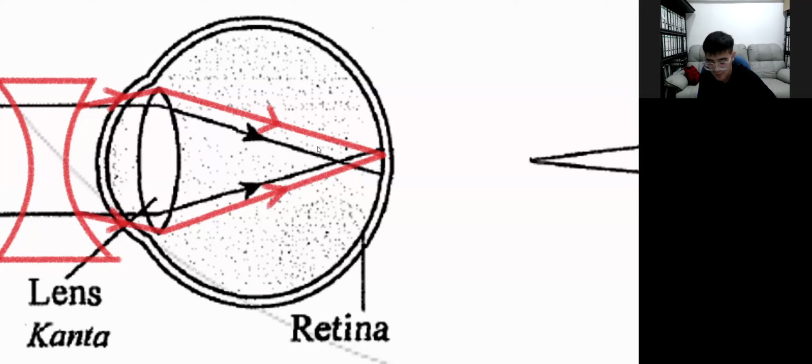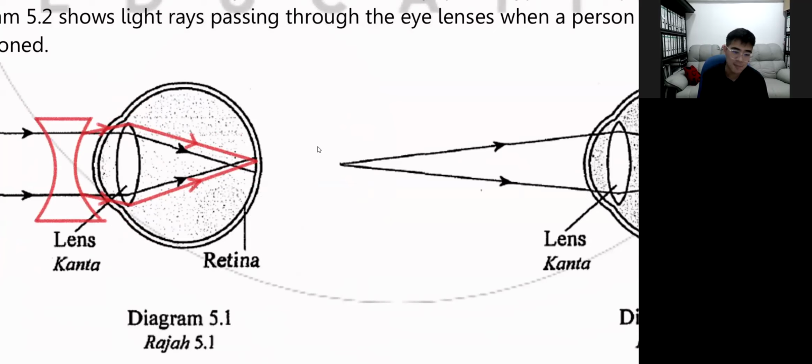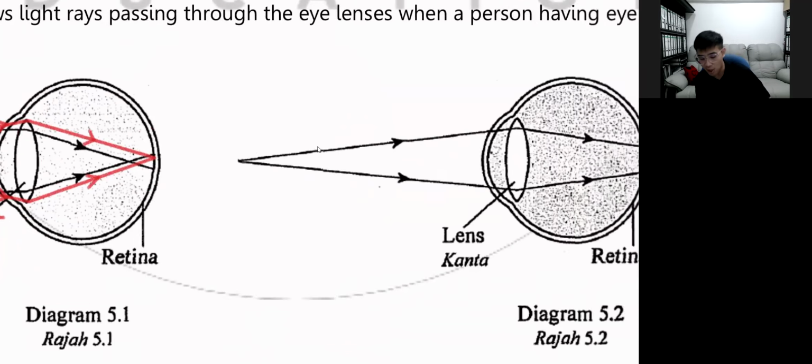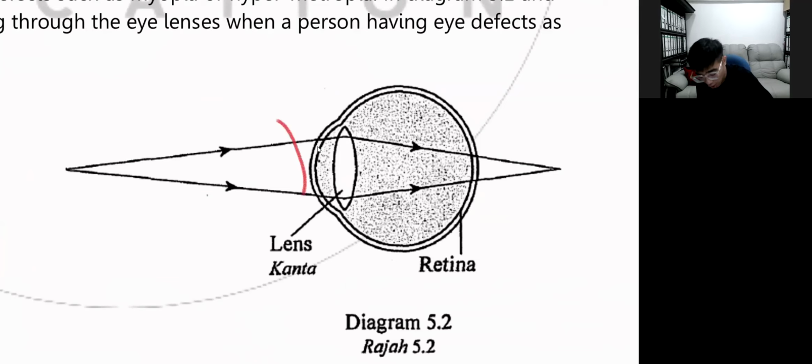If short-sightedness people need to wear a concave lens, then what should long-sightedness people be wearing to correct the problem? Obviously, long-sightedness people have to wear a convex lens. The shape of the lens is convex.